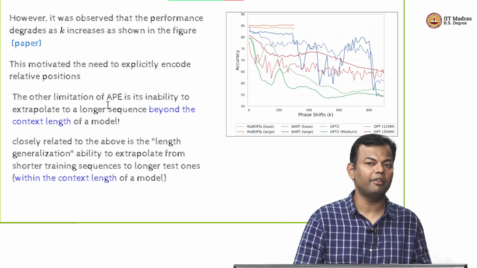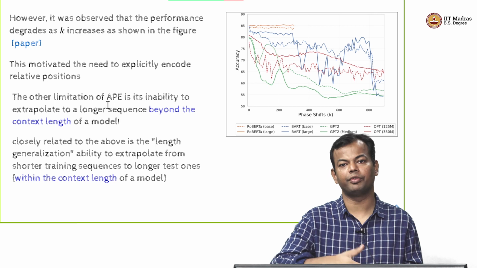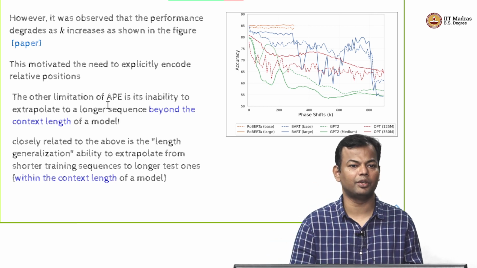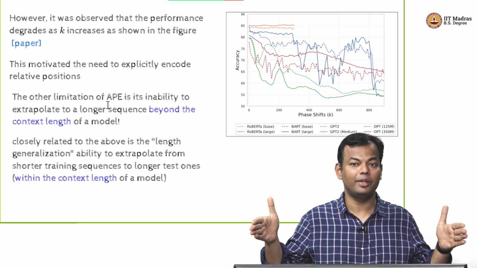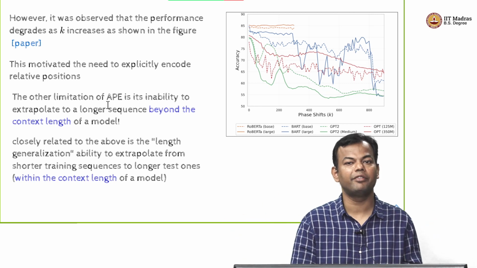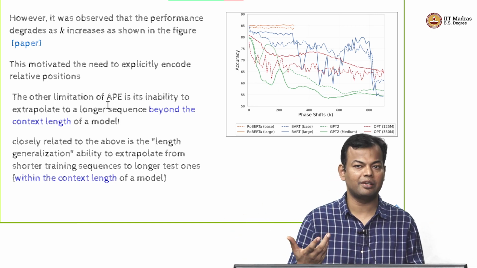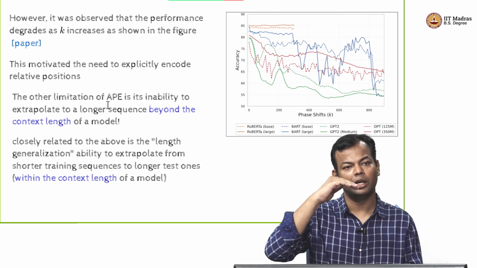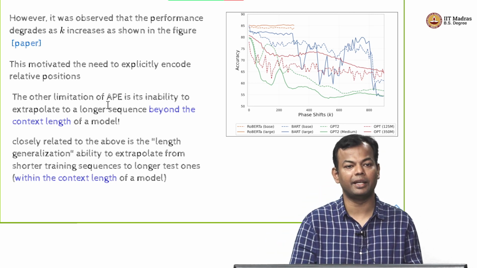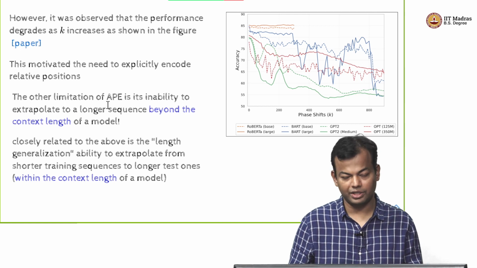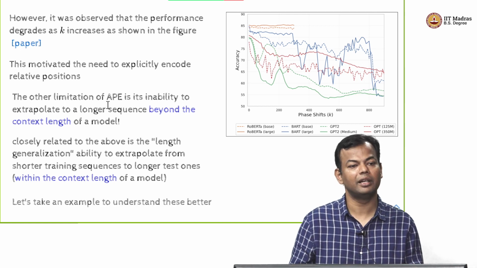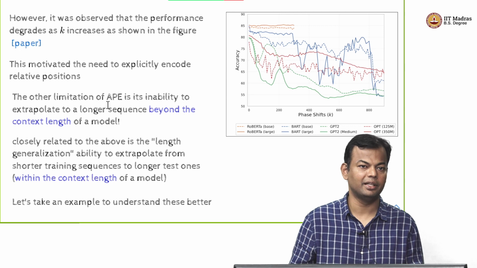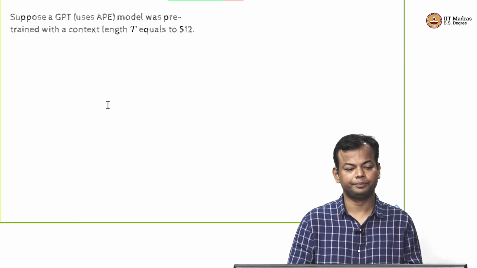Now during training, if you had seen all sequences which were 256, 300, 400 or less than 512, you are still within the context length, but if you want to generate 512, the model will not be able to generalize because during training it has not seen such longer sequences. So both these were found to be limitations of the absolute positional embeddings, and this motivated the need for relative positional embeddings. Let's see this further.